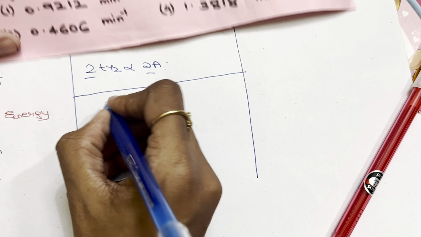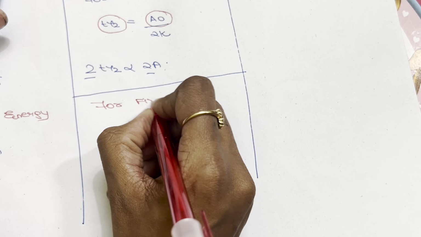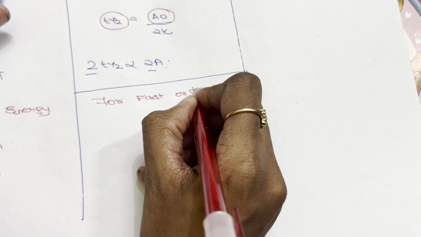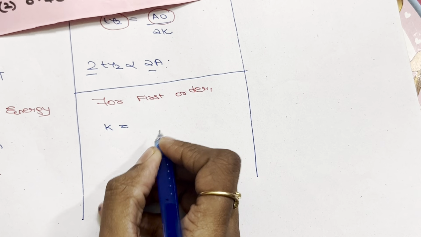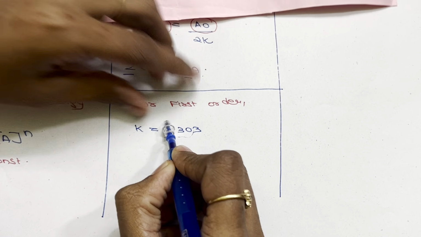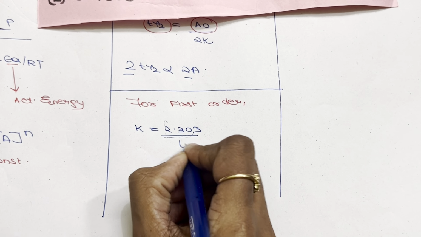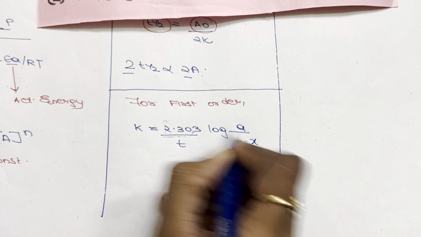So we know that for a first order reaction, the formula for rate constant is k = 2.303 upon t into log of a upon a minus x.